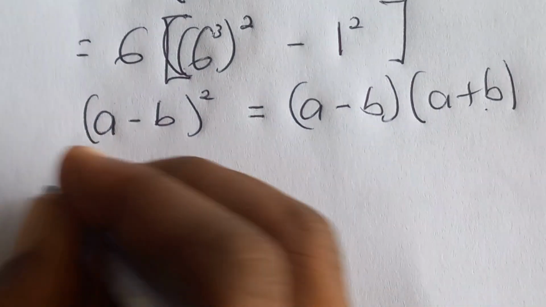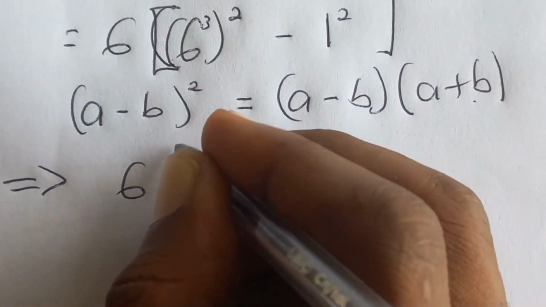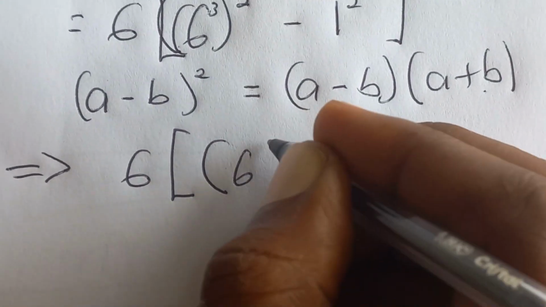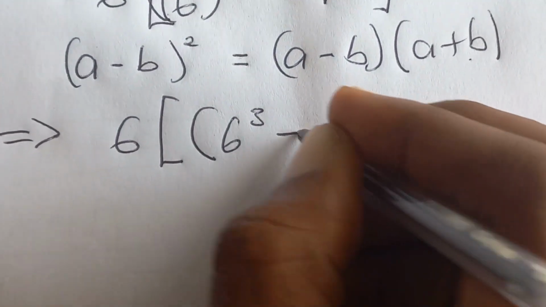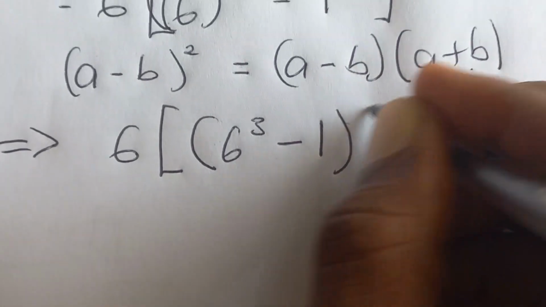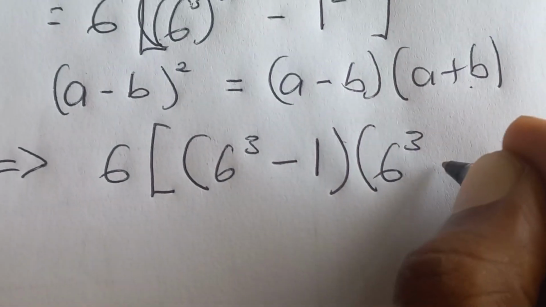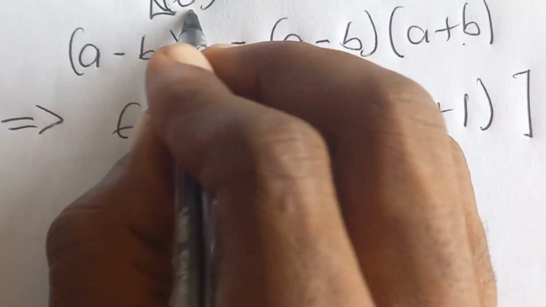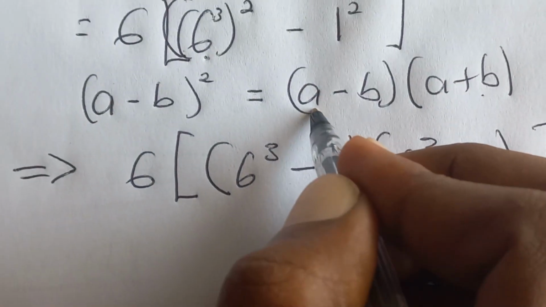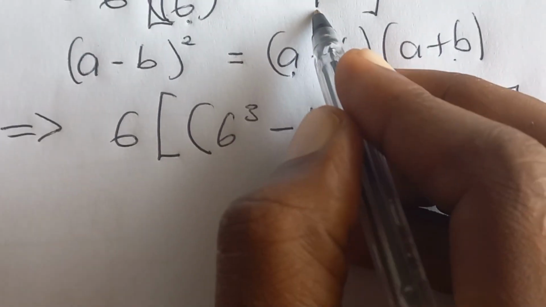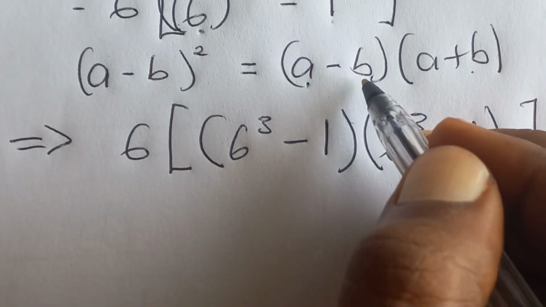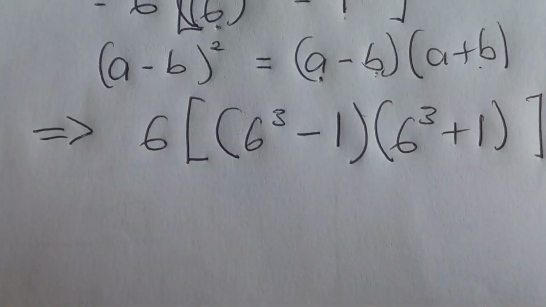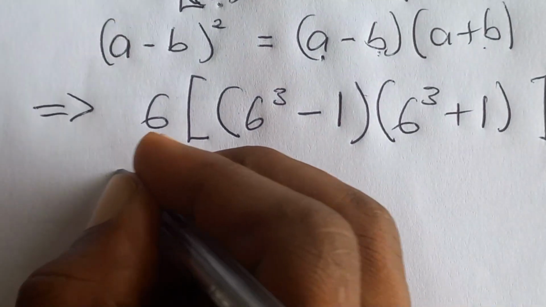So 6 into bracket, 6 exponent 3 minus 1, bracket close, then 6 exponent 3 plus 1, bracket close. So 6 exponent 3 is our A, and 1 is our B. Okay, so let's continue from here.